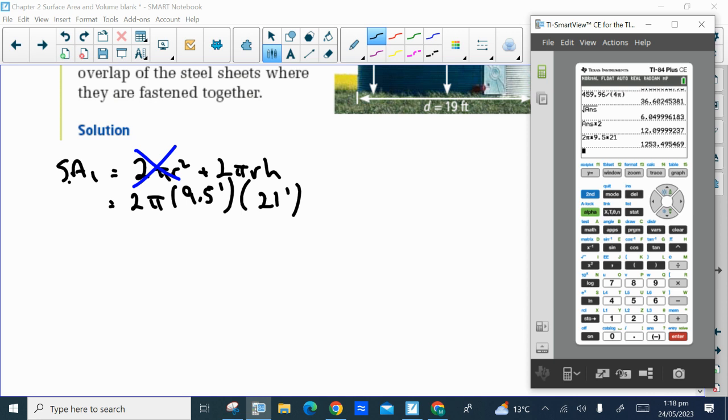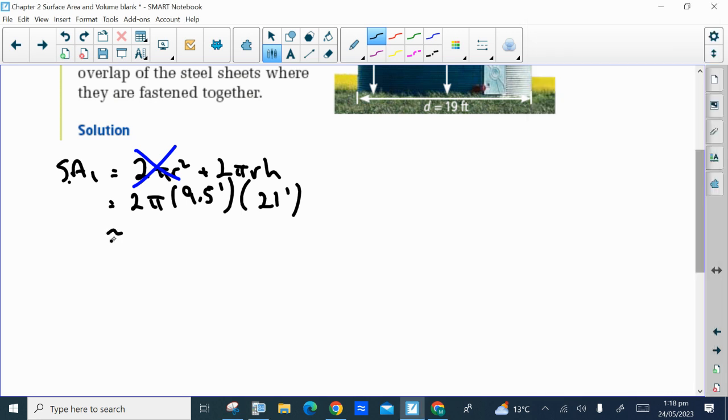Gives us 1253 approximately square feet.